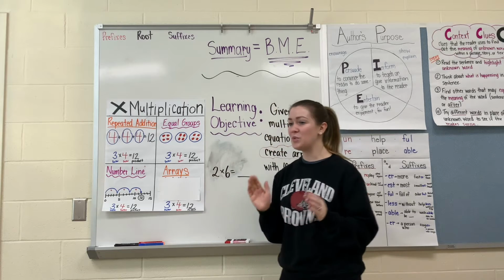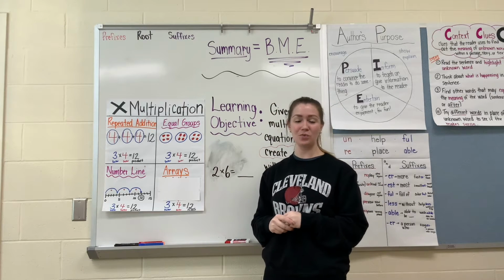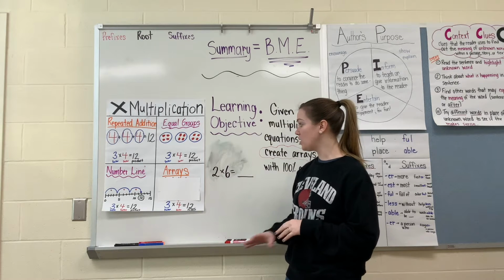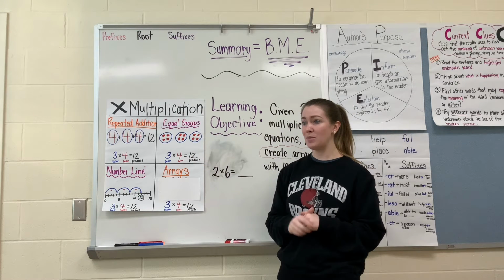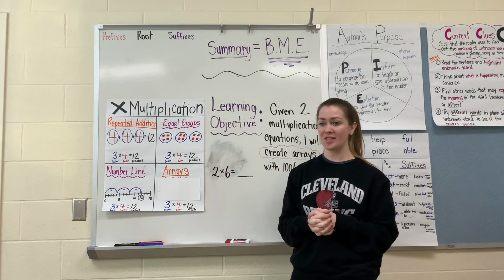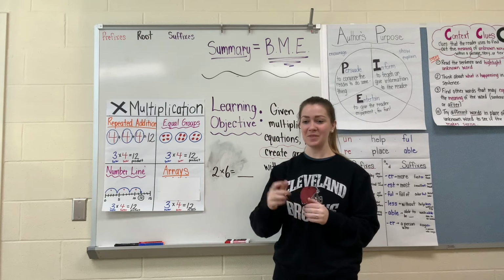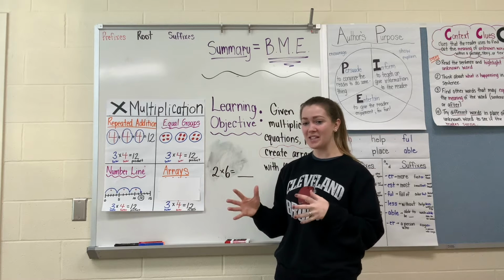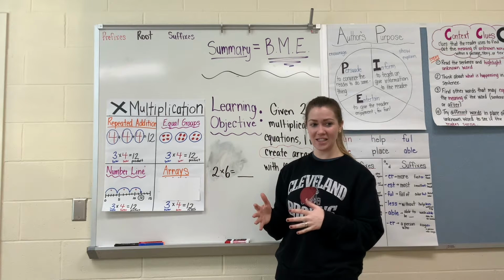All right. So we have one more strategy on how to represent multiplication equations with models, and that is going to be with arrays. And before we even get started, who thinks they know what an array is? Kind of. Does anybody want to add to what Johnny said?